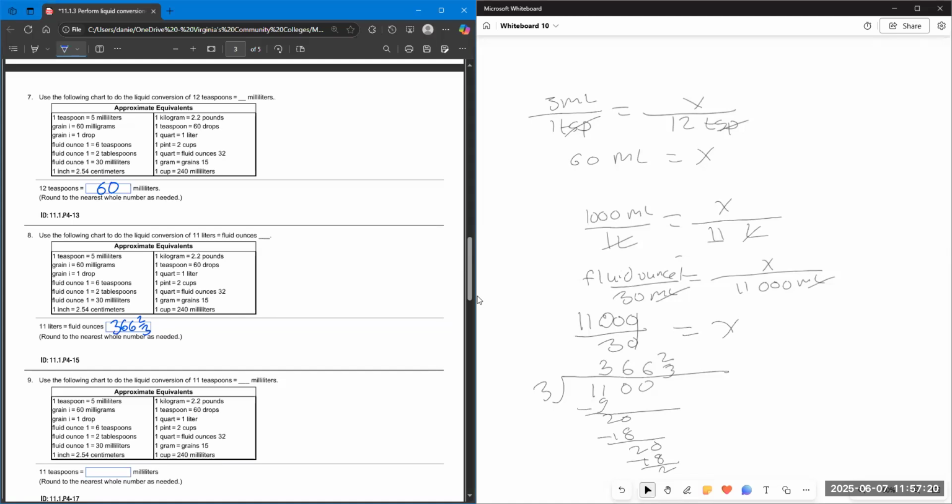I think it may have changed it to quarts first and then gone through fluid ounces, because it gives an answer of 352. So let's try it that way.